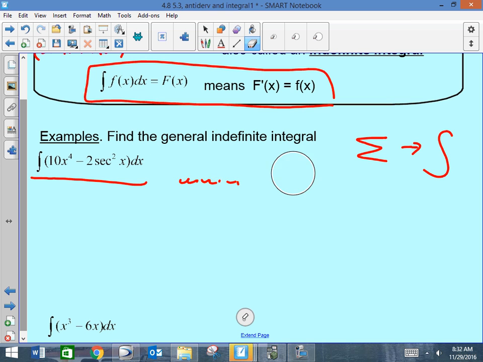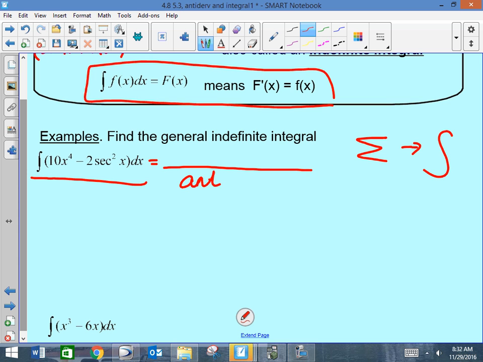Let's try this again. All right, everybody ready? Okay, what's the first term of the antiderivative, Miss Allen Rivers? 2x to the fifth. 10x to the fourth, yes, it's the derivative. Very good. All right, Lindsay, what's the second term?